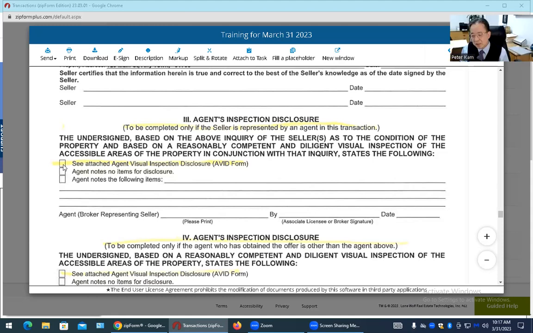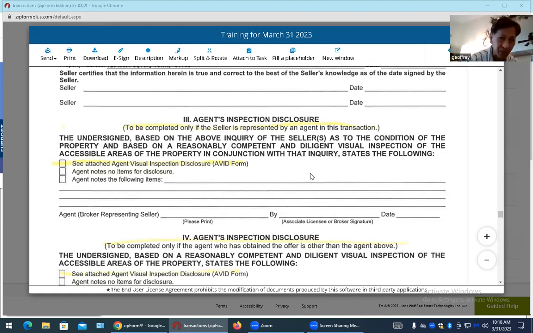No, you have the option to check the box. If you didn't check the box, that means you are not attaching the AVID. Okay, so if I don't want to attach the AVID, I don't check the box. Yes, that's correct. Simple. If you don't check it, it still satisfies your requirement of statutory disclosure of the TDS.